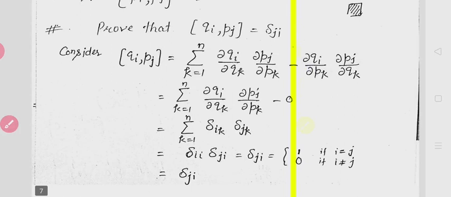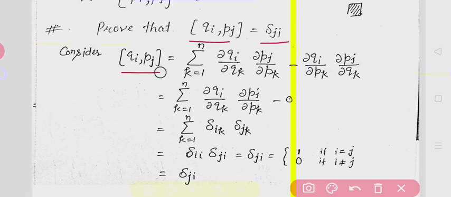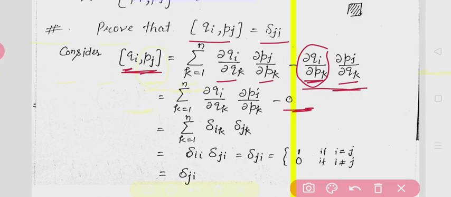If you find out the Poisson bracket of qi with pj, that will be delta ji. Let me check. Apply the definition for the Poisson bracket: partial derivative of first with respect to qk, second with respect to pk, minus first with respect to pk, second with respect to qk. But you know that all qi and pj are independent, so this partial derivative will be 0. Only this part is left.